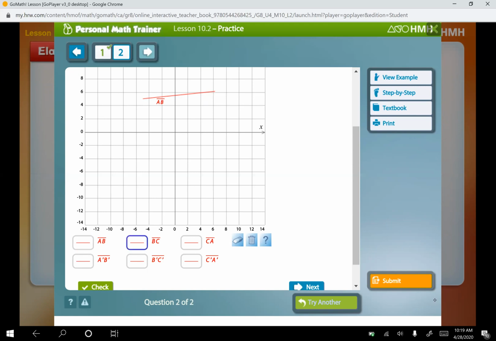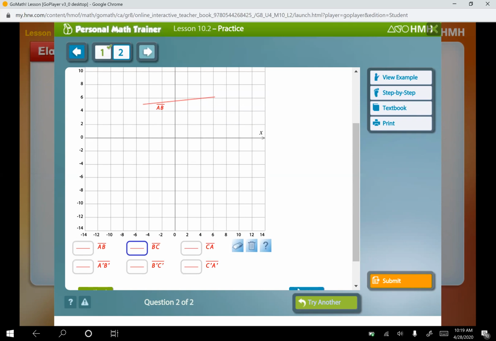So from B to C, I'm going to go to -5 and 2, which is straight down. And then I'm going to connect it to CA.